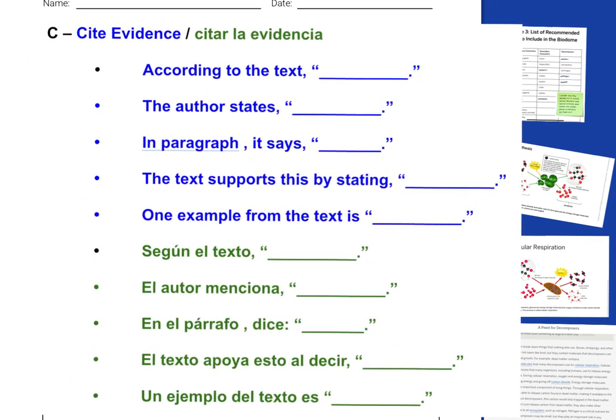According to the text, or the author states, or in paragraph 2 it says, or the text supports this, or one example from the text is, or the evidence is, or according to the sim, so you can change text to sim, or according to the graph, or according to file 3, or according to the model. So you can use any of these.